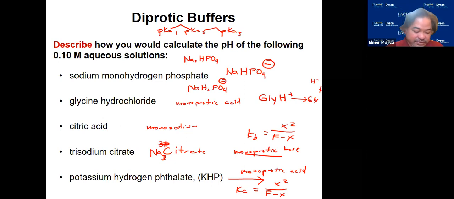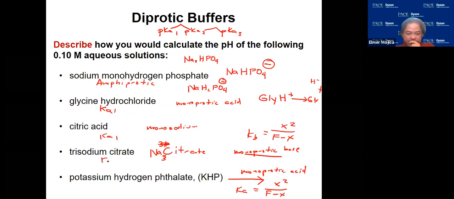Okay, so if you're asked to describe this, we could say this is what? Amphiprotic. Ka1, and then Ka2. I think this is not the Ka1.